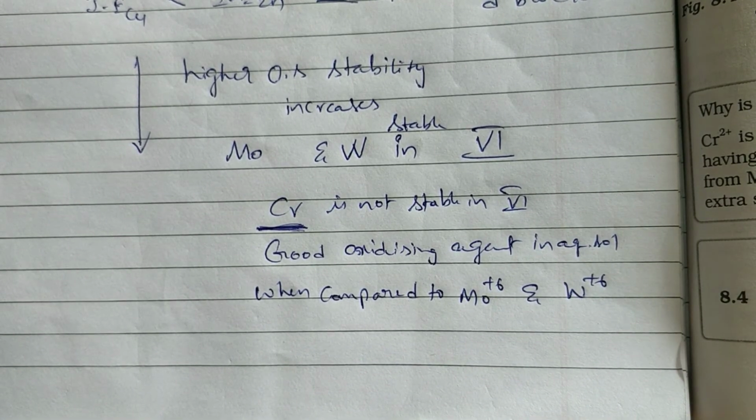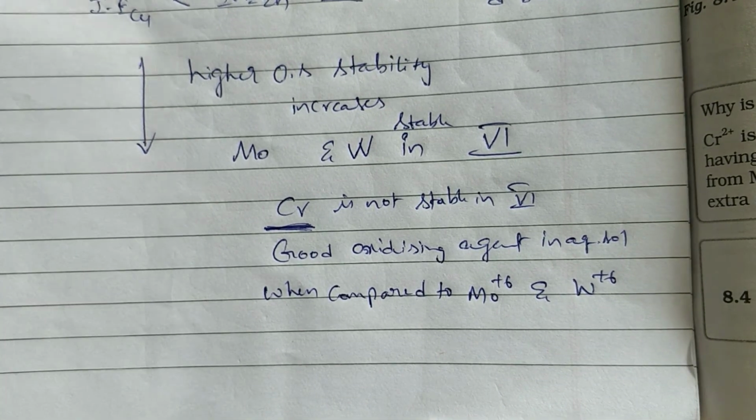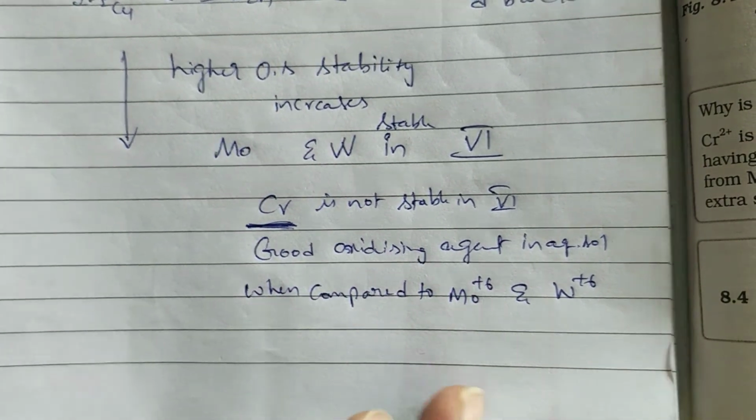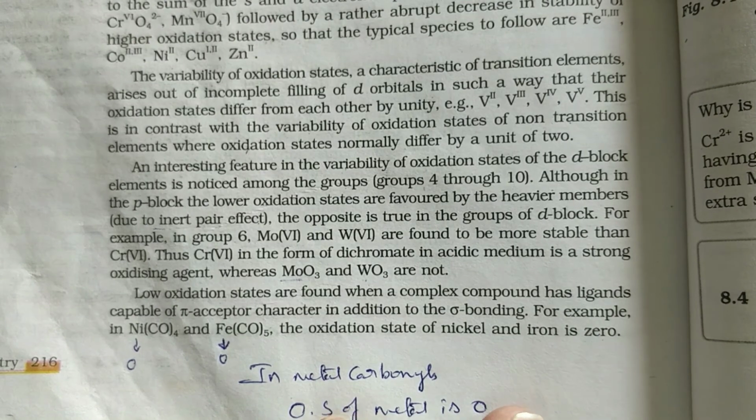These are more stable because lower members are highly stable in higher oxidation numbers. This is the introduction part of oxidation states.